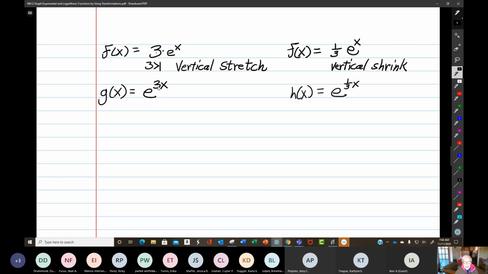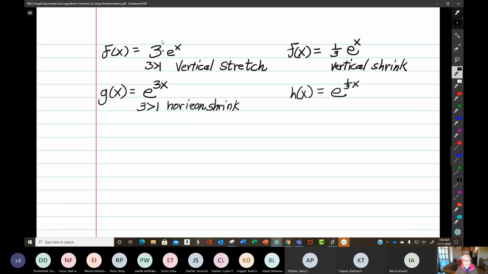That 3 is a number bigger than 1, and because we're dealing with horizontal stuff, this is actually a horizontal shrink. Here's what happens.